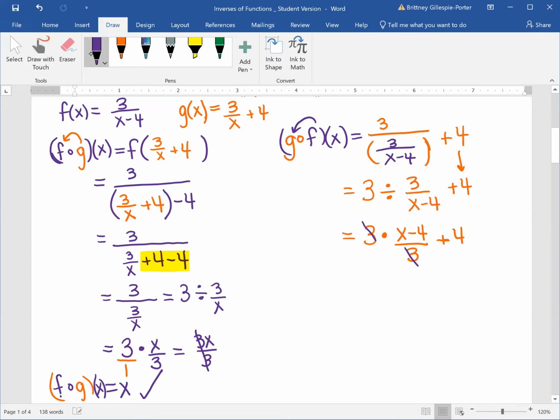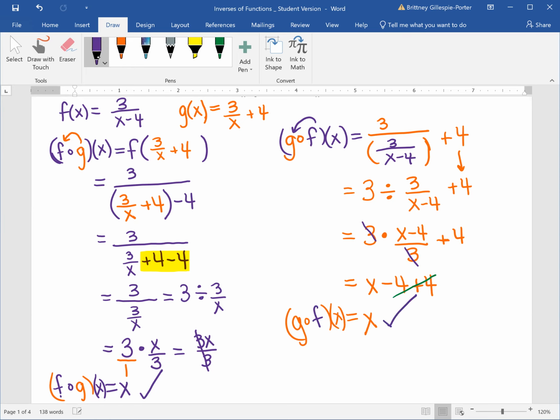Our 3's cancel because there's one up top and one down below. X minus 4 plus 4, but this time the 4's go away and we get x, which means that g composed with f of x is also x.